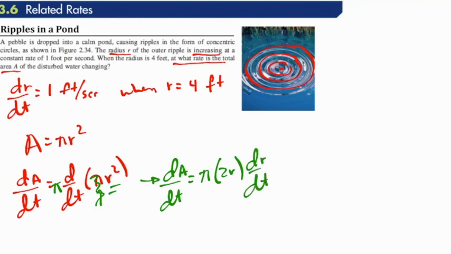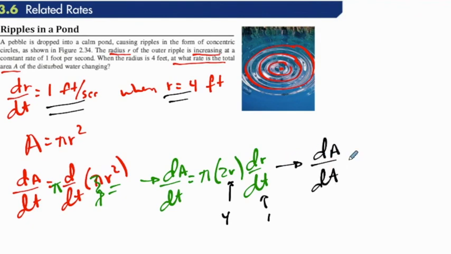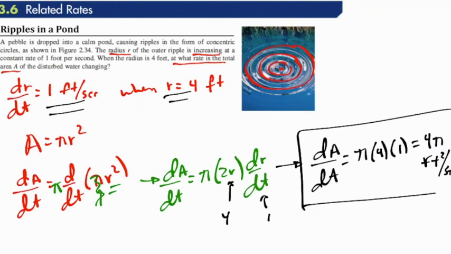And now we want to plug in when r is 4, dr/dt is 1. So we can say that the total area of the circle in the water is changing at a rate of 4 pi feet squared per second. Feet squared because we're talking about area, and this would be the answer to our ripples in a pond problem.